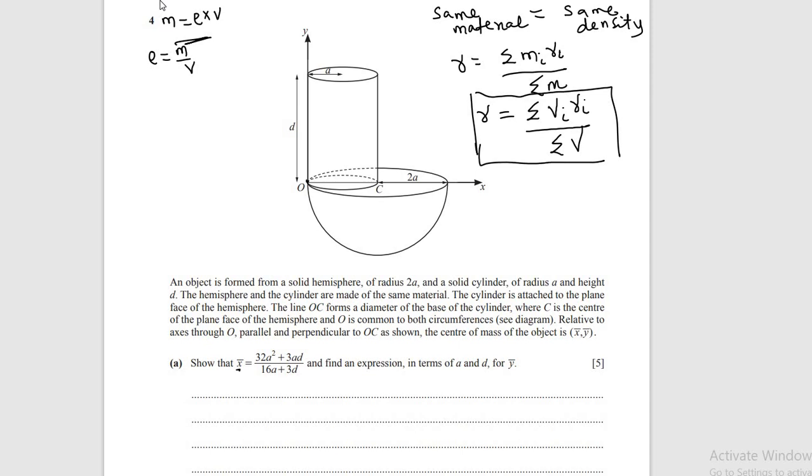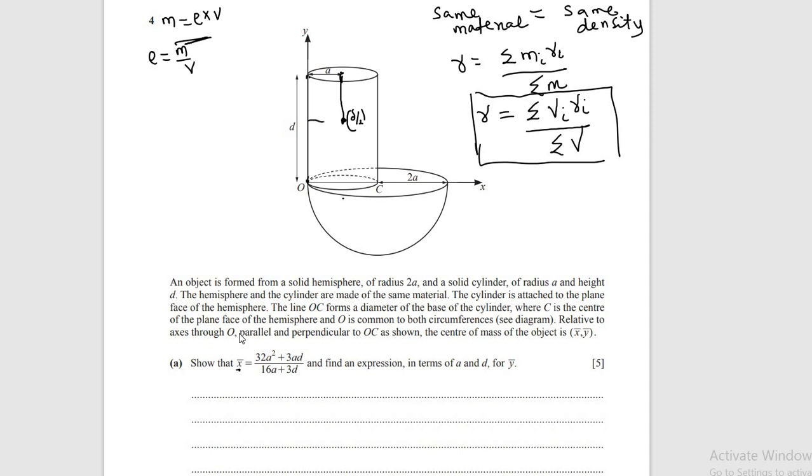Now, first, from here to here is A for the cylinder. The center of mass for the X axis for the cylinder is A. The center of mass for the Y axis for the cylinder is the midpoint of the height, that's D over 2.